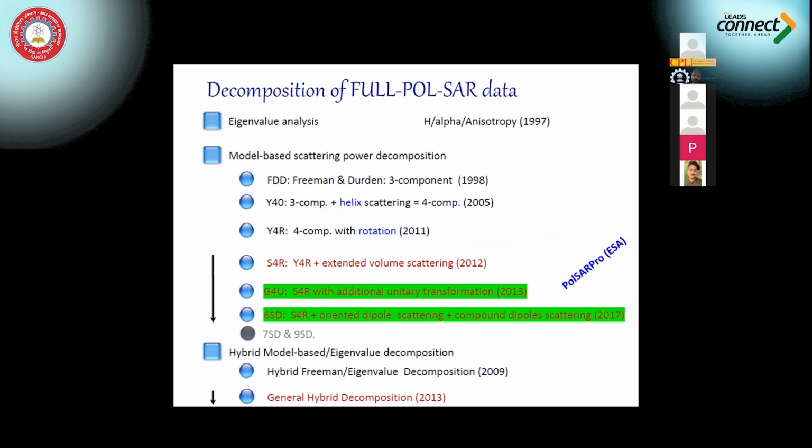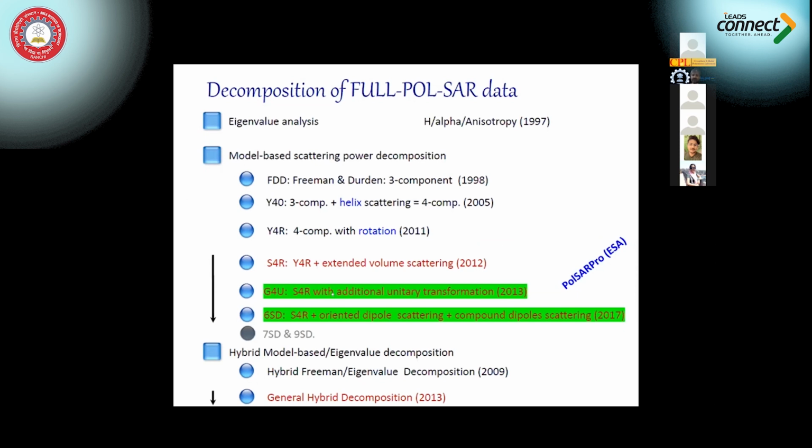So although there are several models, initially from the 3-component, it was improved by Yamaguchi. Then another component was added, and it was rotated, then the volume scattering model was extended. So it provides scattering information: surface, double bounce, volume, and helix.